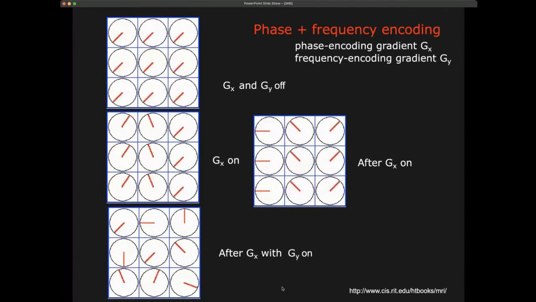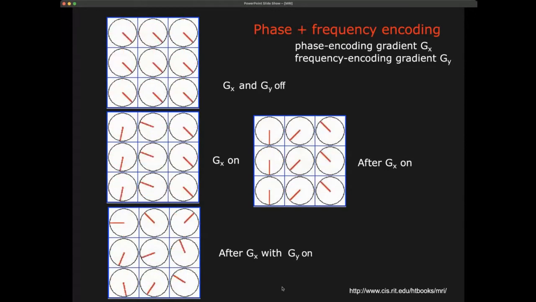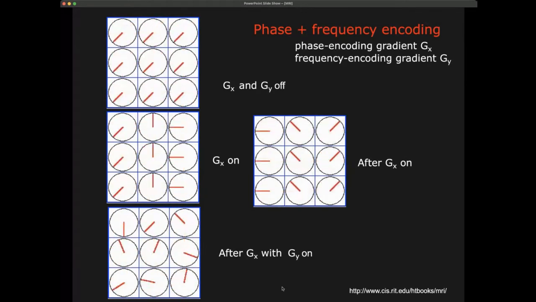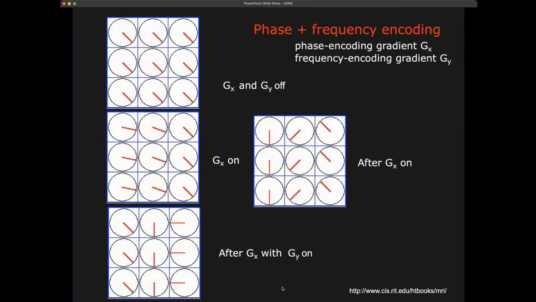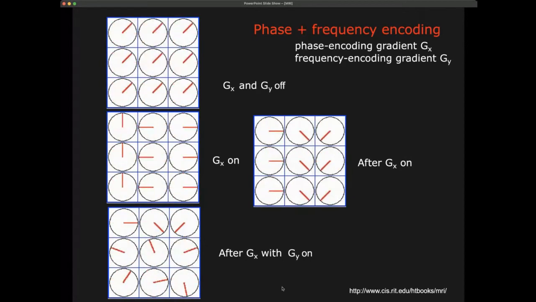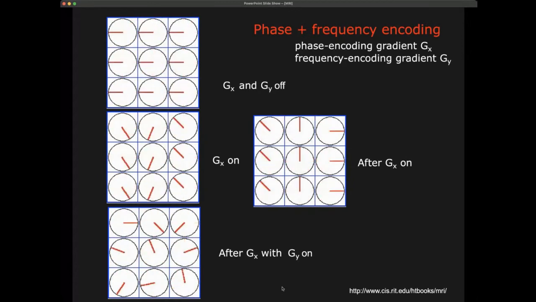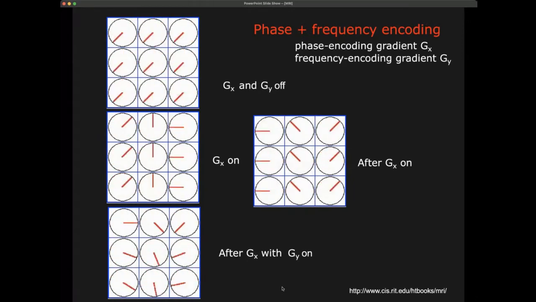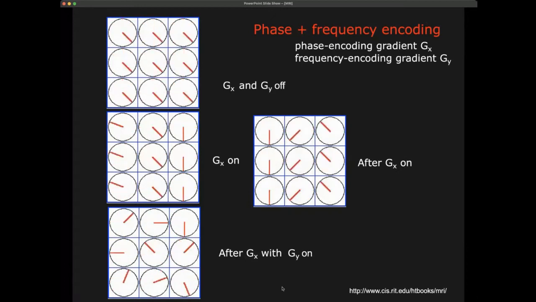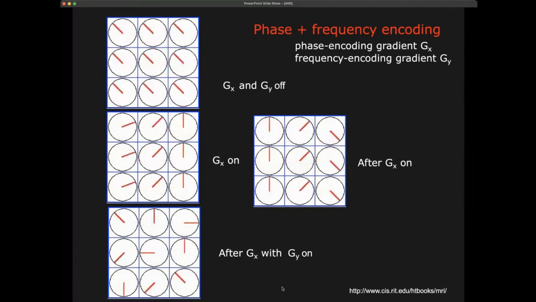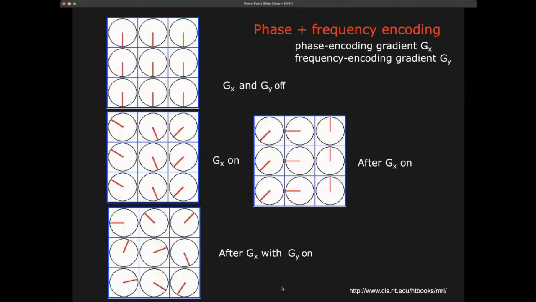So I switch on the z gradient, which means that the magnetic field is slightly different in every z position. And then I add the radio frequency energy in order to flip them 90 degrees, but only the protons which are exactly in the right magnetic field for this radio frequency pulse that I'm using, they will flip. So I flip in one plane, in the z direction, all the magnetic fields.